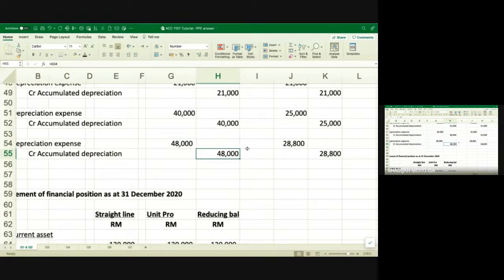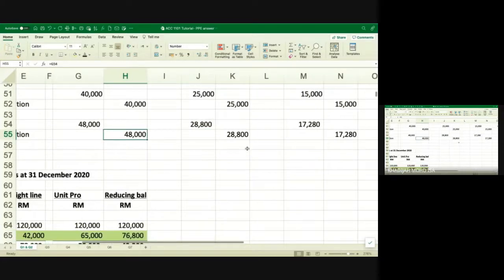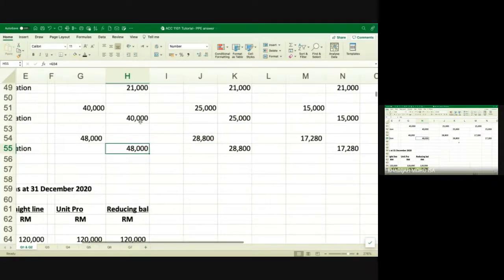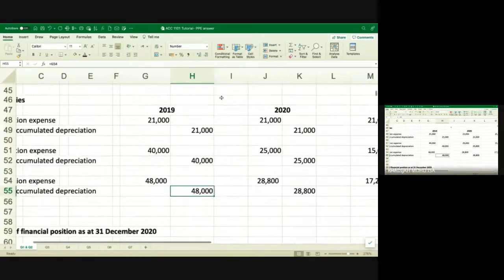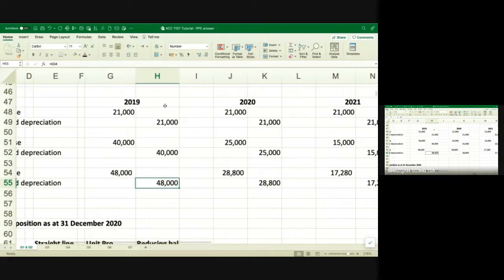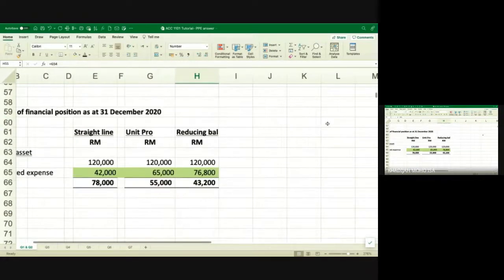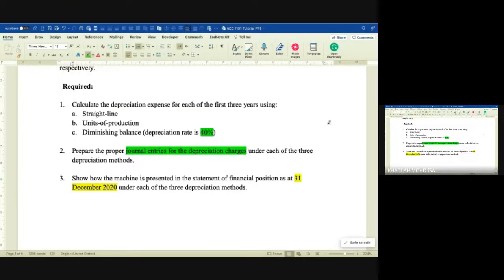You have to plug in the figures from your own computation, the one that you did just now, and put them into the respective journal, for 3 years: 2019, 2020, and 2021. Okay, so that is number 2.